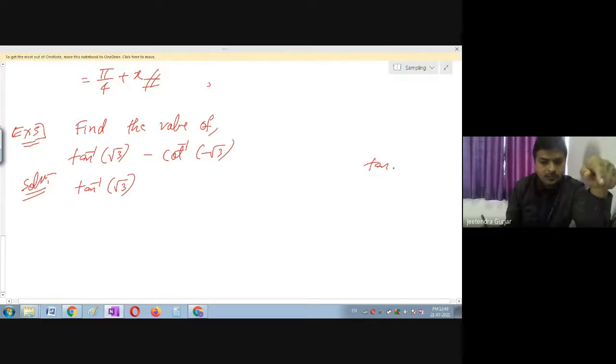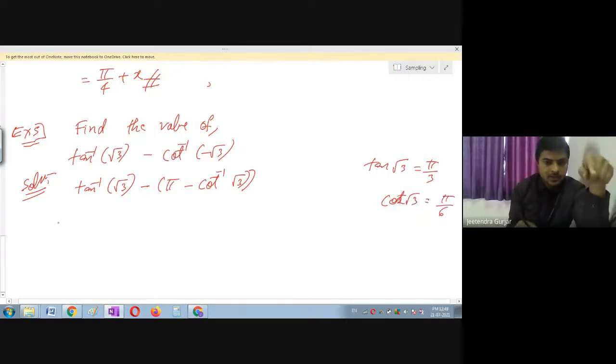tan inverse root 3 is pi by 3. So you should be able to simplify the minus. How will you simplify this one? I want to take the minus outside. So easily you can see pi minus cot inverse root 3. Again you have to remember what is cot inverse root 3, it is pi by 6. So just substitute all the values.